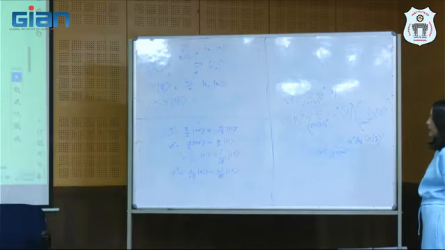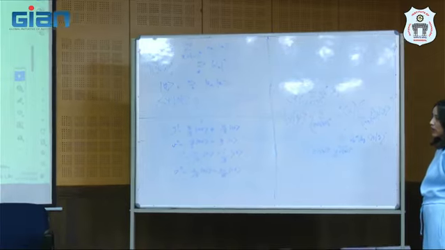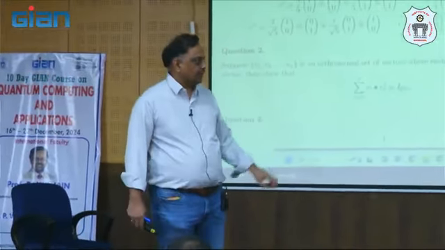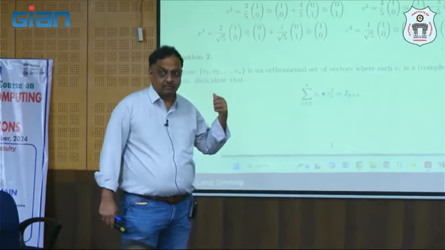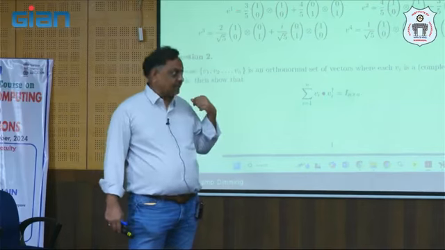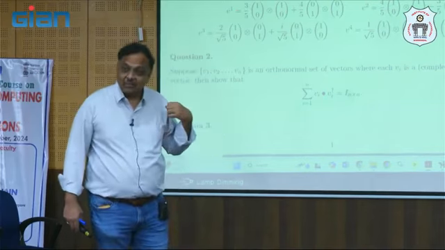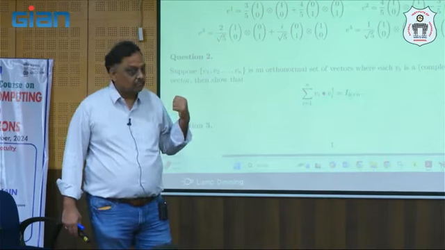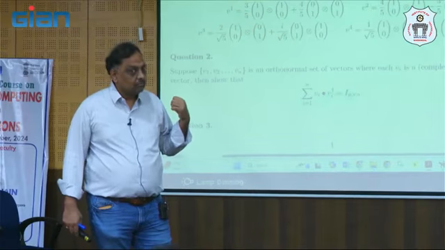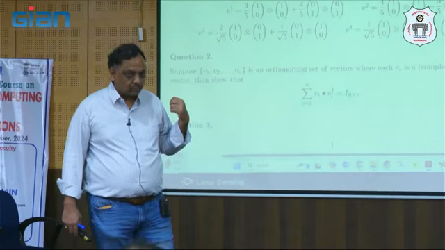Whenever x is different from y, inner product is 0. Why is it 0? Forget alpha x beta y. Simply what is bra x times ket y? If x is different from y, what is bra x times ket y? 0. Why is it 0? They are orthogonal to each other.